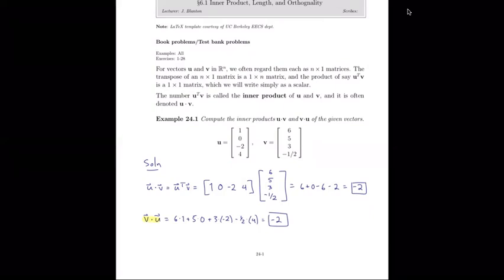So for v dot u, rather than writing v transpose u, which would come out to the same value, I'm just writing this down in the way that we know to do it. We take first components times each other, plus second components times each other, plus third, plus fourth components times each other. Now, we add all these things up, right? And we get -2 again. We get the same value that we got for u dot v.